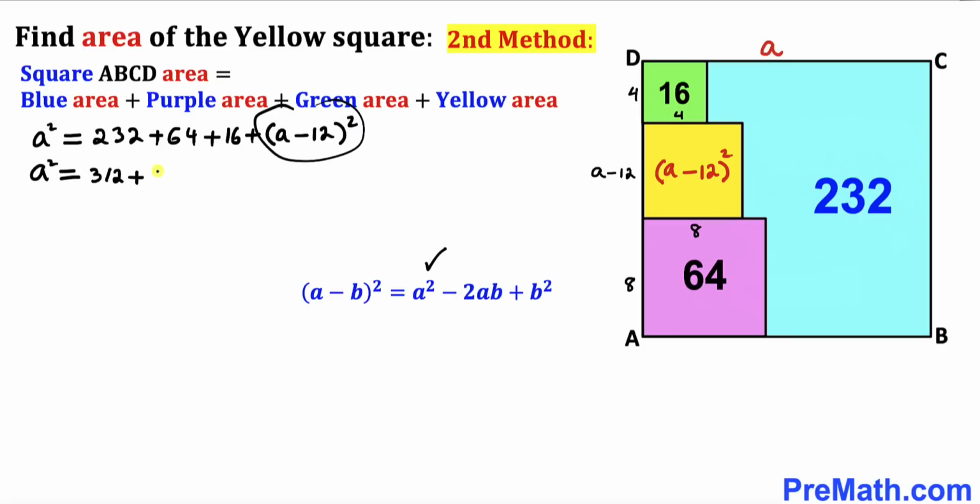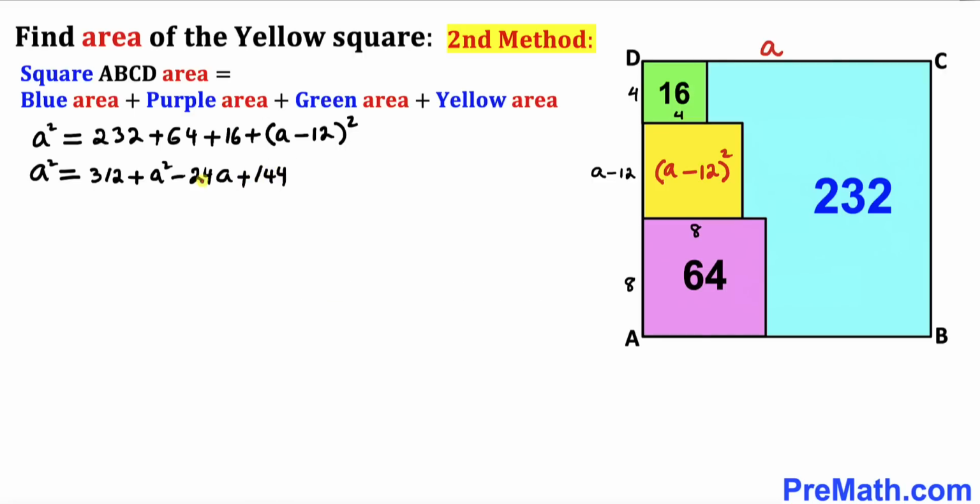So that is going to give us a squared minus 24a plus 144. And now we can see a squared and a squared are gone. And now let me go ahead and move this 24a to the other side. Let's divide both sides by 24. So therefore our a value turns out to be 19 units.